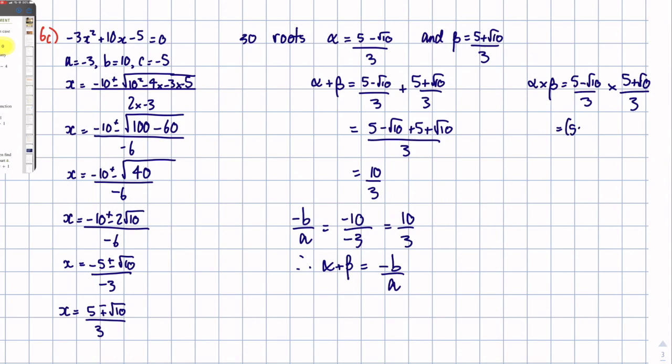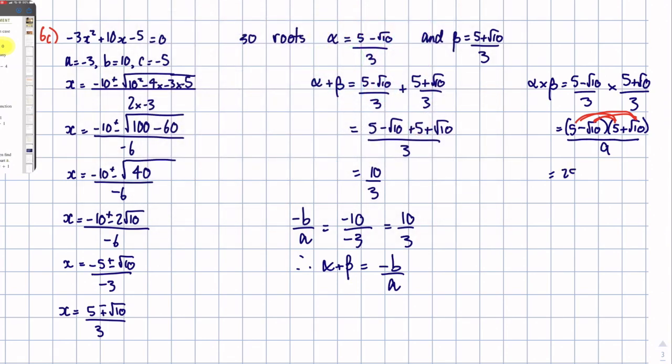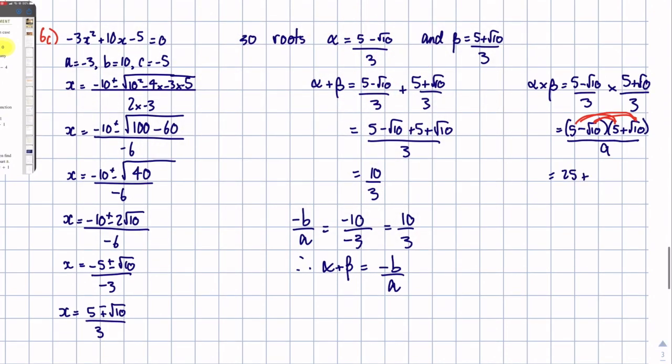So 5 take root 10, 5 plus root 10. It's going to come out on 3 times 3 is 9. I'm going to expand, first times the first, first times the second, second times the first, second times the second. So 5 times 5, 25. 5 times root 10 plus 5 root 10. Negative 10 times 5, take 5 root 10. Negative root 10 times root 10, take 10 all over 9.